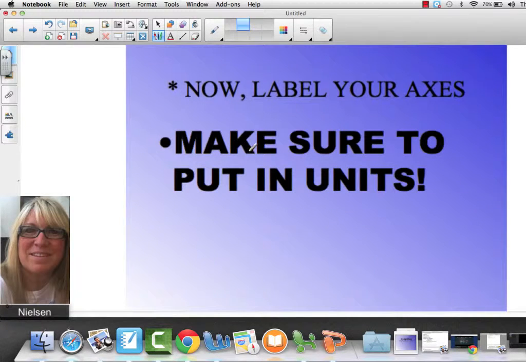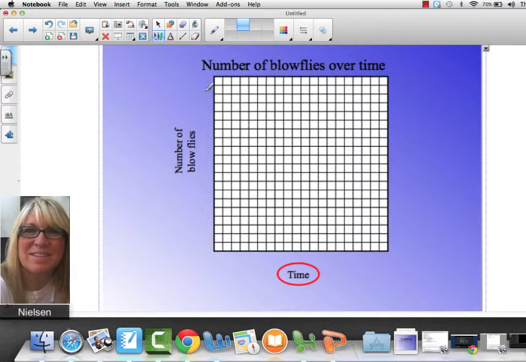Now you're going to label your axis, and you have to make sure to include units. So we said time was on our x-axis, and the number of blowflies was on our y-axis. Now time, we have to have units here. We just wrote time. That's not good enough. In parentheses, you need to put days. Maybe it was minutes. You would put minutes. So you need to have units. For the number of blowflies, we don't need units because it's going to actually be a number.